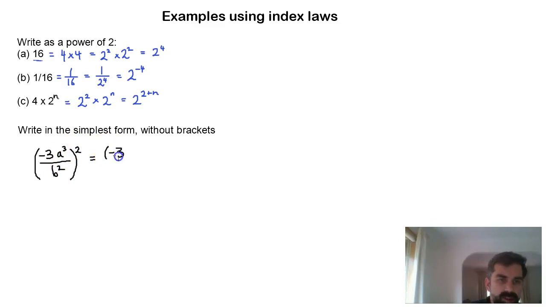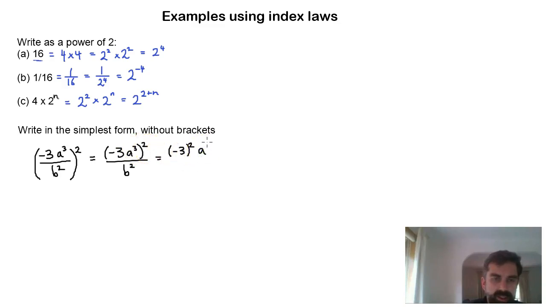So we can sort of break that down and go -3a cubed all squared over b squared. And then another index law says that if you've got something in brackets raised to a power, then we can bring that power into the bracket and multiply the indices if needed. So -3 squared will be our first part, and then we'll have a cubed all squared.